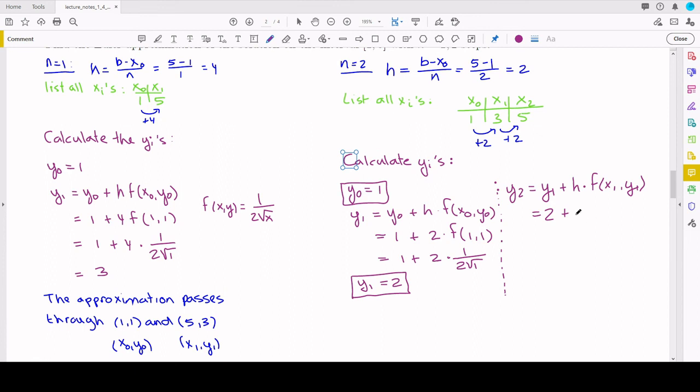H is equal to 2 as well. And now we're plugging in x1. We get that from here. So that's 3. And then y1, we get that from here. We get 2.